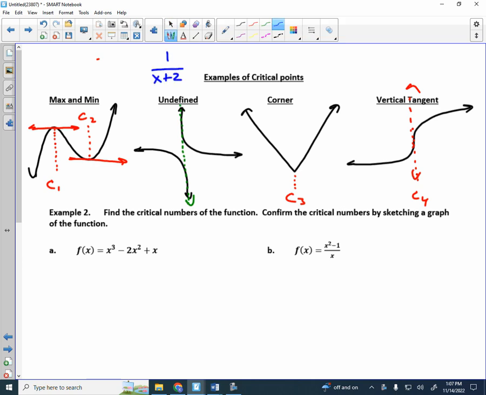For what value is that function undefined? Close. -2. Everybody agree? -2, it's undefined. So -2 is not part of the domain, is it? The domain of this function would be -infinity to -2 union -2 to infinity. It would not include -2.